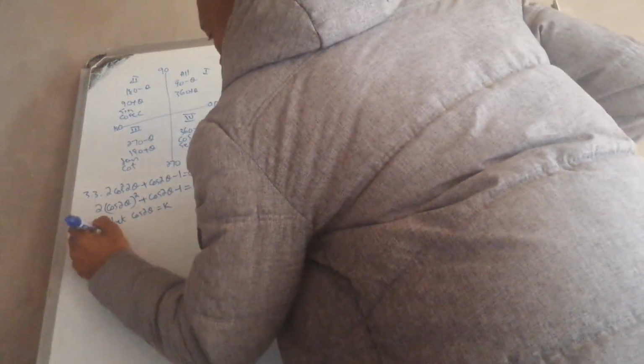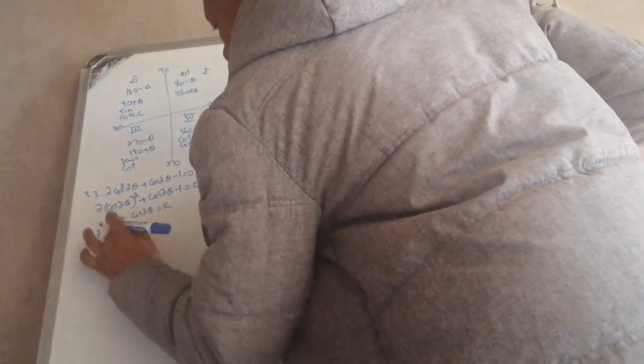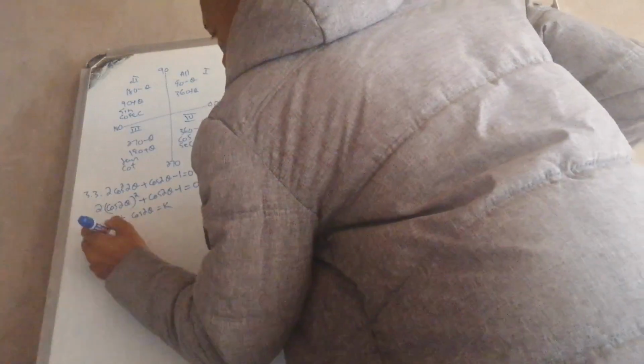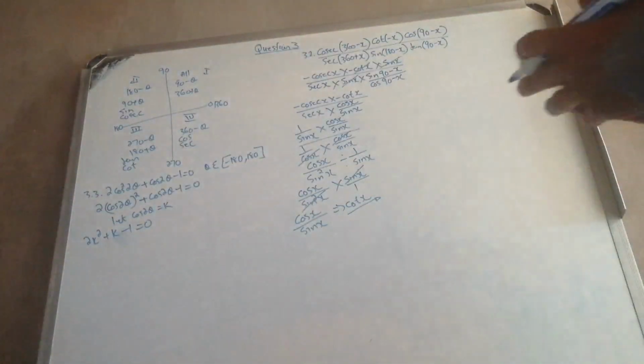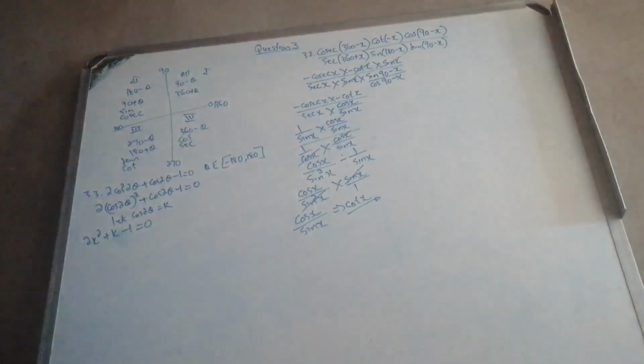I can have 2k squared plus k minus 1 equals 0. And I can try and play around with that.